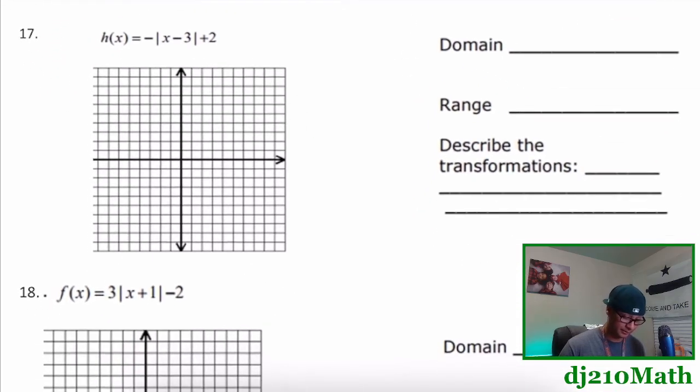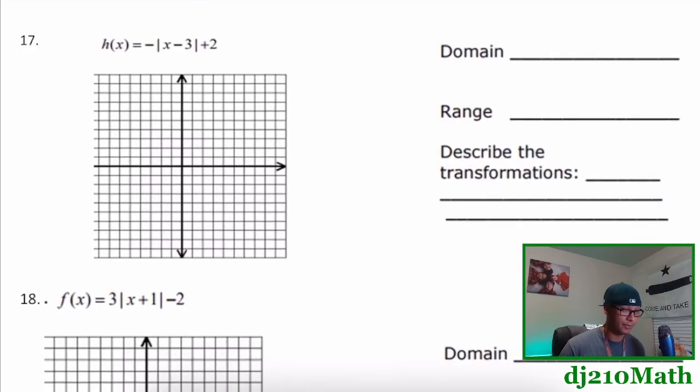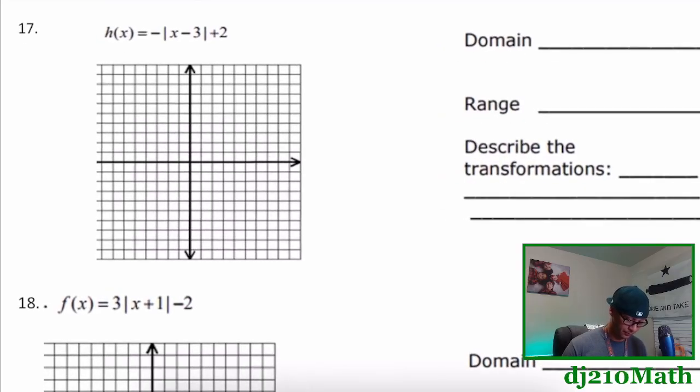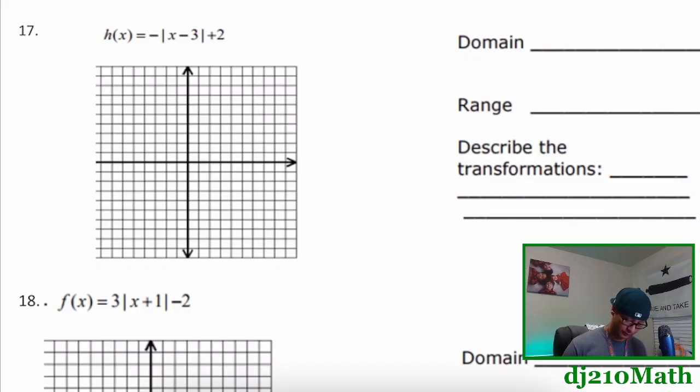Number 17. So, a couple different things. First off, start with the parent function. All right, there's the parent. The plus 2 is going to shift up 2 units.